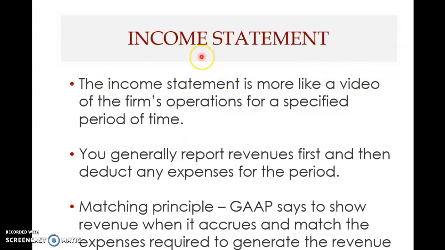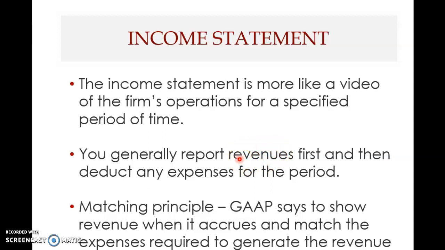Next, having defined the income statement, we look at the format, how the income statement is structured. You generally report revenues first, so you start with revenue at the top. Revenue means sales, what the business gains in terms of revenue. Income is actually a more specific term.